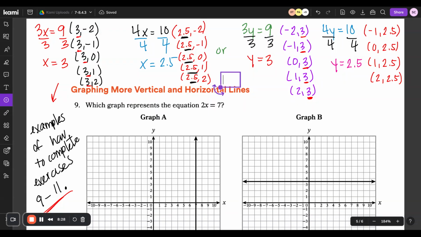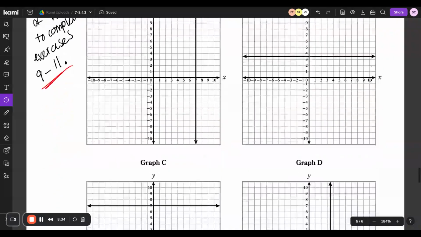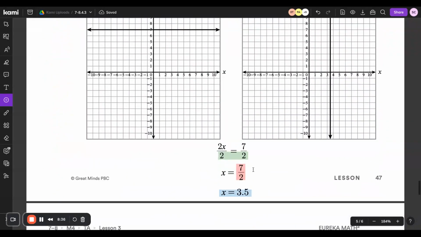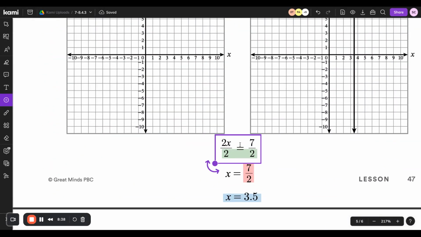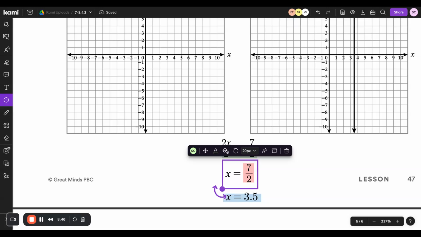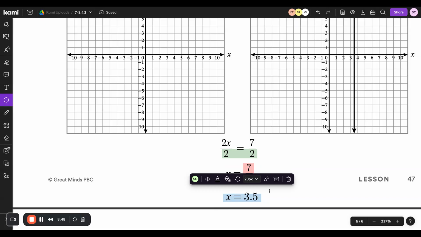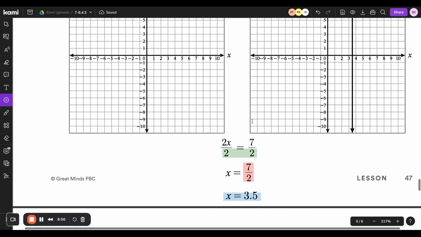So we actually have to simplify like we've done with previous equations where we divide on both sides. And the way that looks is this here. So if I've got 2x equals 7, I'm going to divide by 2 on both sides. And when I divide by 2 on both sides, I get 7 halves. And 7 halves is the same thing as 3 and 5/10. So x is equal to 3 and 5/10.